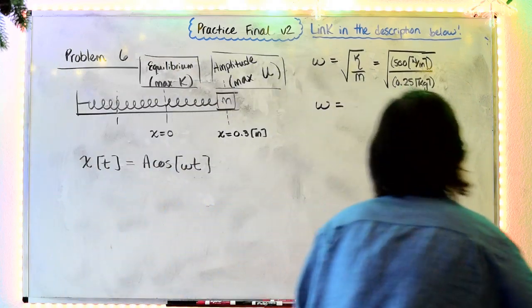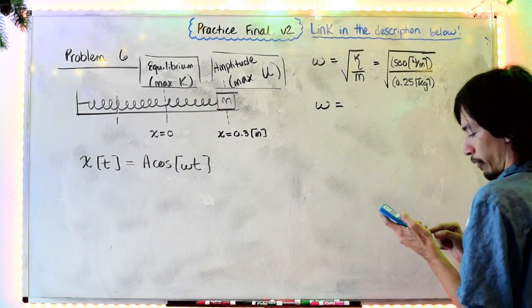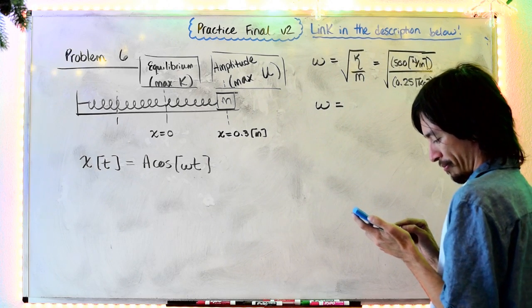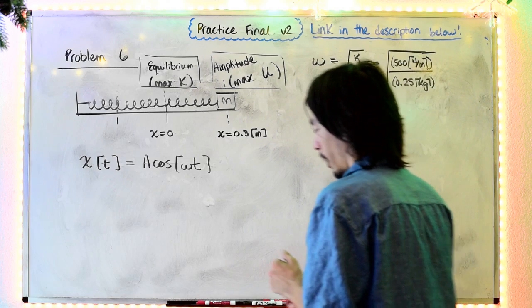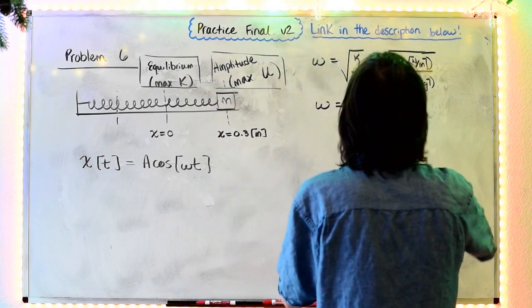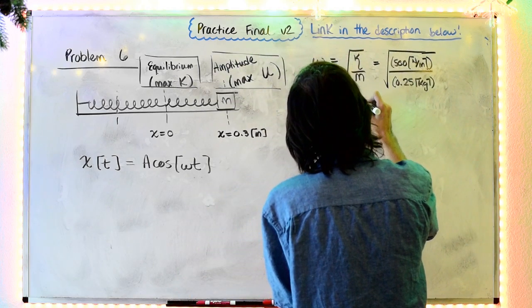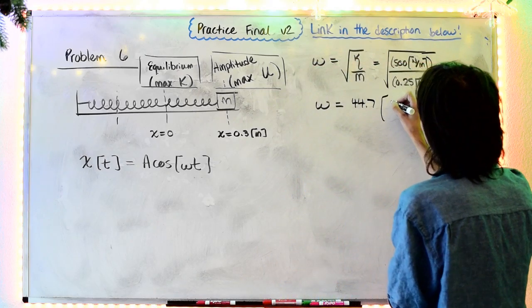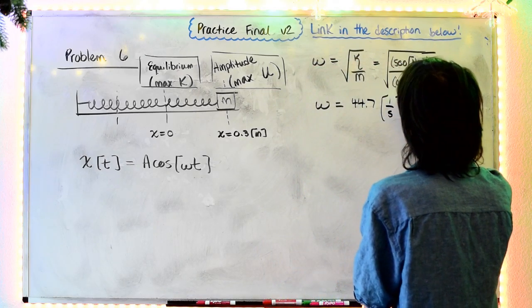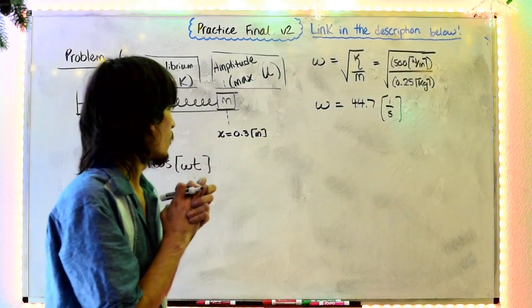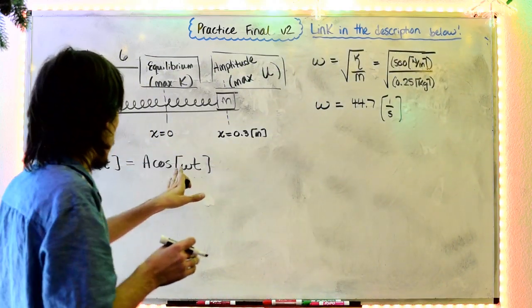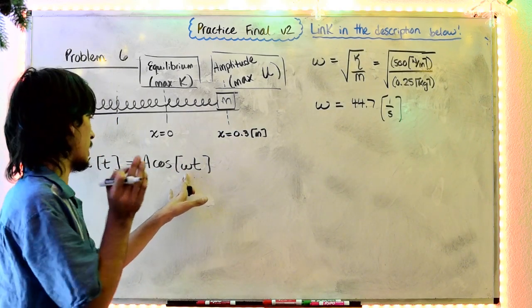Square root of that, 44.7. So I get 44.7, and we'll have 1 over seconds for the unit. That's what the angular frequency will end up as. Now, I just use that value in here consistently.